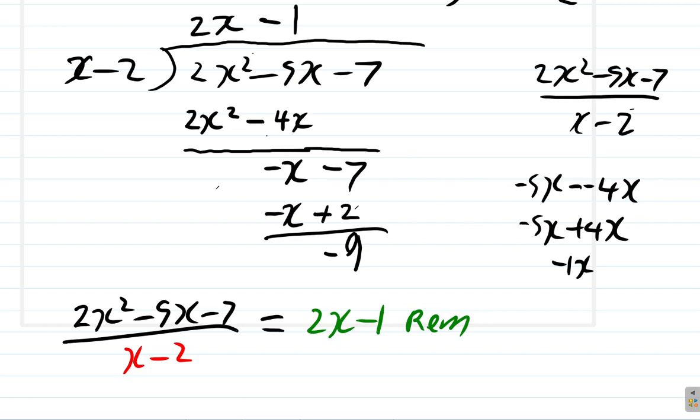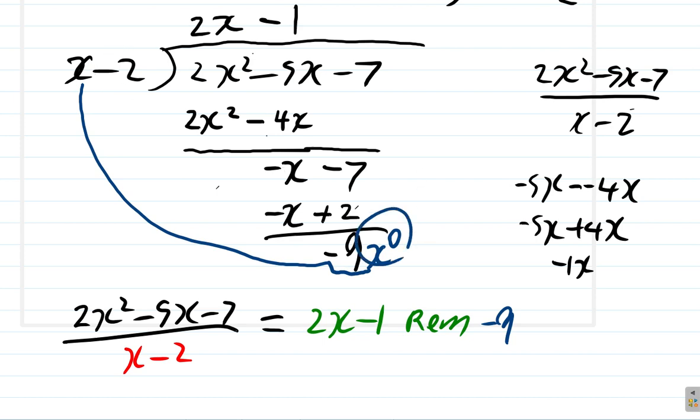And the remainder is negative 9, because this is the remainder. You cannot say x into negative 9, because negative 9 means negative 9x to the 0. Once you have a smaller power of x down here than this, then you stop dividing.